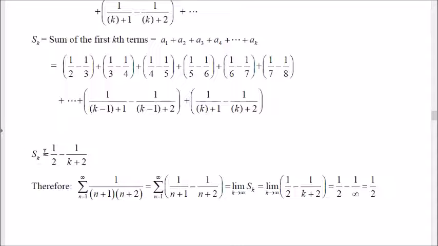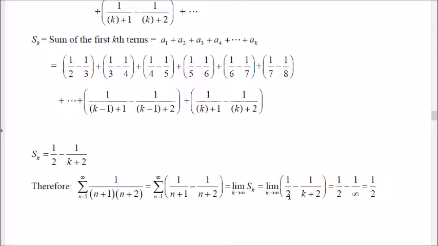And so we have just seen that the sum of the first k terms is 1/2 minus 1 over k plus 2. Therefore the infinite series is the same as the limit of s of k as k approaches infinity, because this is the sum of the infinite number of terms, which is the same as the series itself.